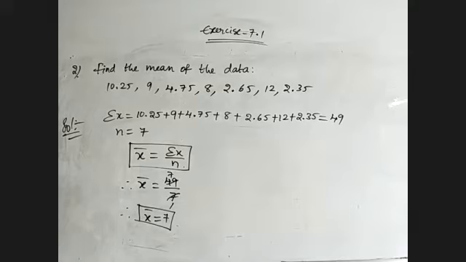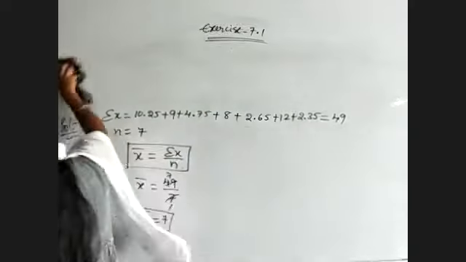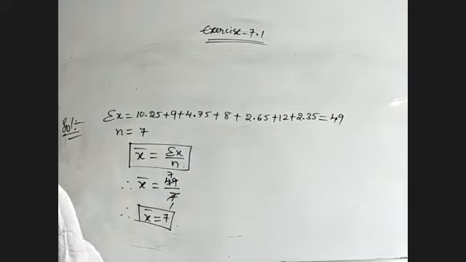Okay, now coming to the third question. Mean of 8 observations is 25.